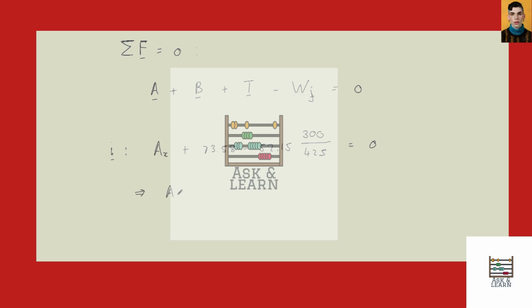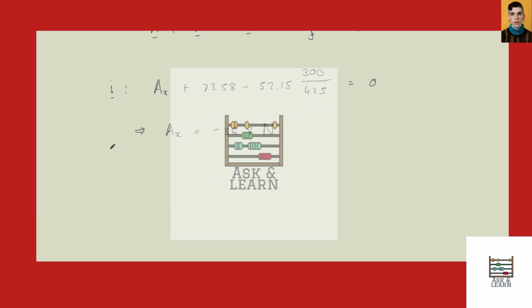And so from here, we get the x component of the reaction force A to be minus 36.8 newtons. Now taking coefficients of J, we have AY plus 52.15, into 200 over 425, the vertical component of the tension, minus the weight, 98.1, must equal 0. Remember, B has no vertical components.